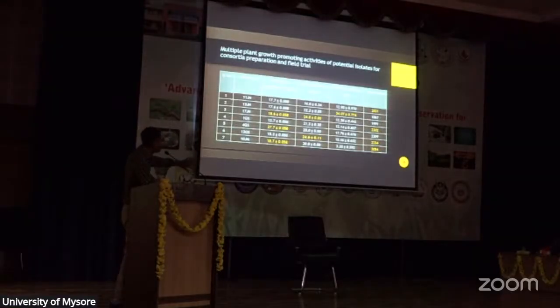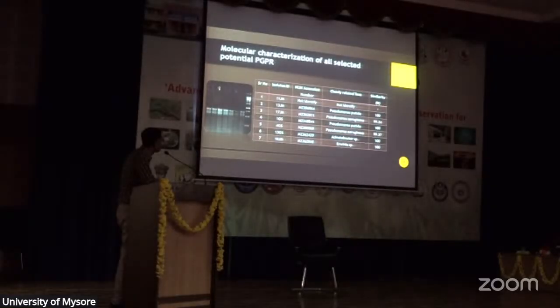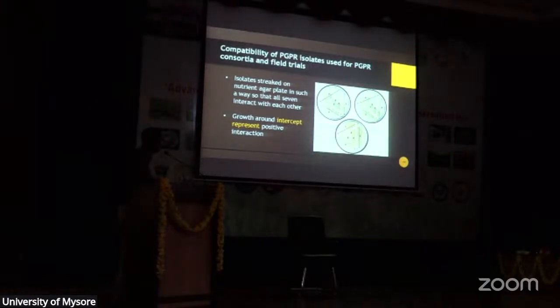Basically, this is the final table from which I decided their features. Actually, I chose 6 to 7 features, and based on that I decided on these 7 isolates. I identified them through NCBI submission and a phylogenetic tree. The compatibility test I checked on nutrient agar plates by overstreaking them.